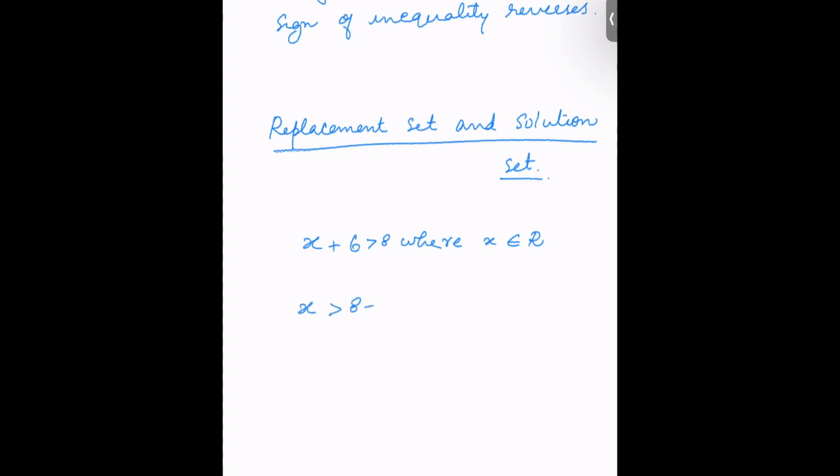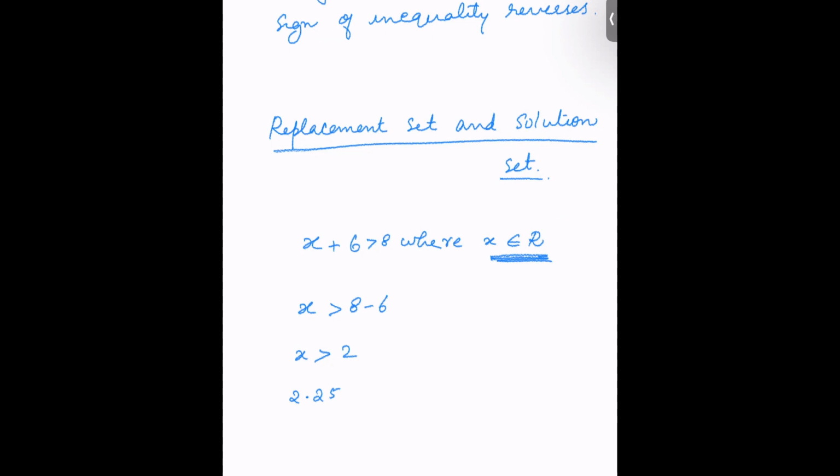X greater than 8 minus 6. So x is greater than 2. So x is an element of R. R always represents real numbers. So x greater than 2 means even if I write 2.25, this is a real number, right?